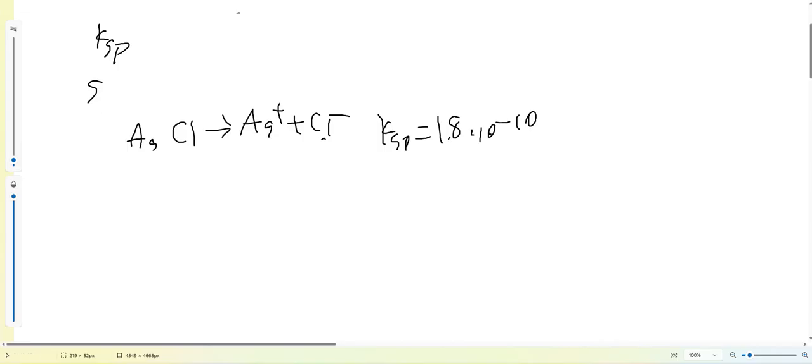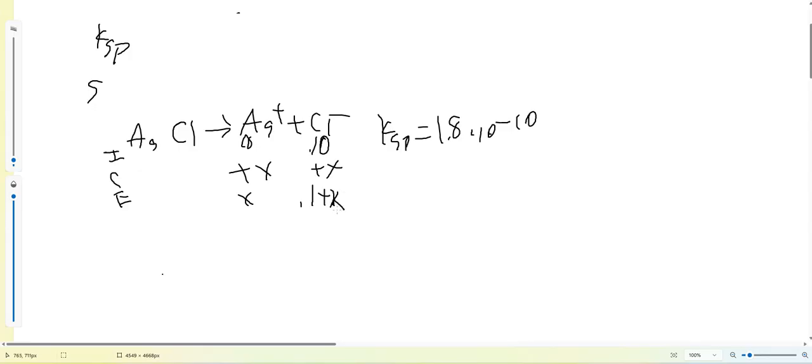So let's say that instead of dissolving it in pure water, we dissolve silver chloride in 0.1 molar sodium chloride solution. Ag plus is still 0, however Cl minus is 0.10 now. We again do plus x, x, 0.1 plus x.